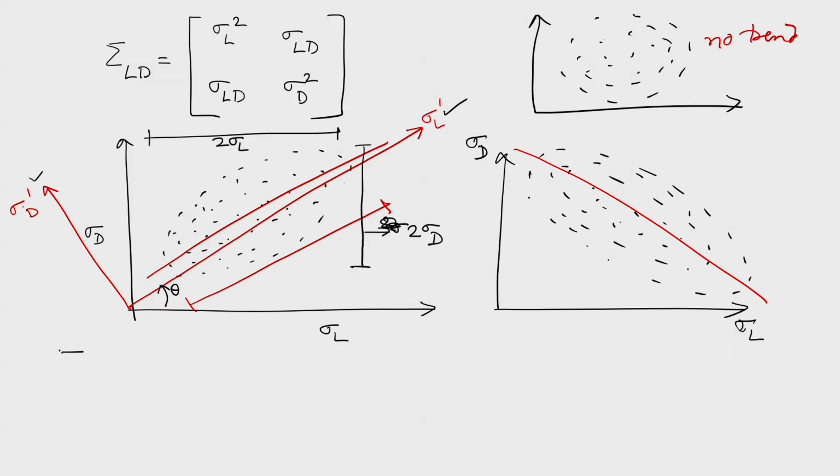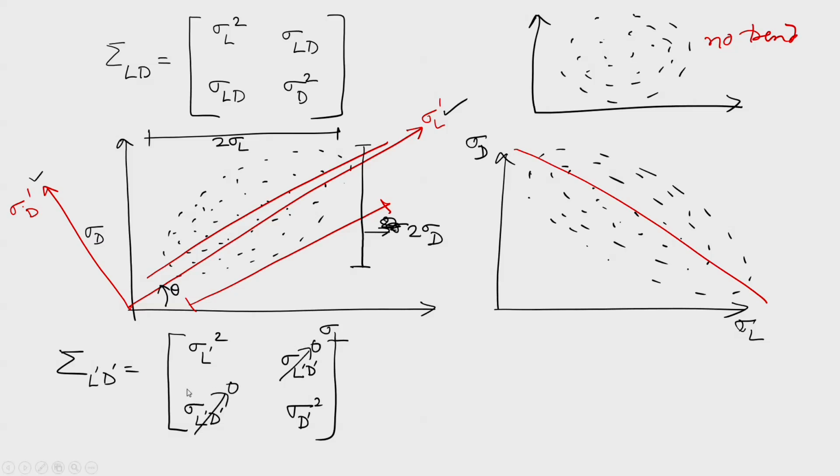If I write now after this L dash and D dash, it will be sigma L dash square, sigma L dash D dash here, sigma L dash D dash here, sigma D dash square. So, I can see that if these covariances become 0, then I say that they are uncorrelated.